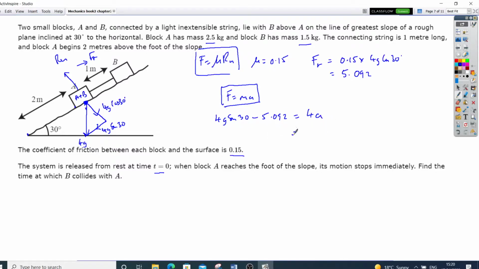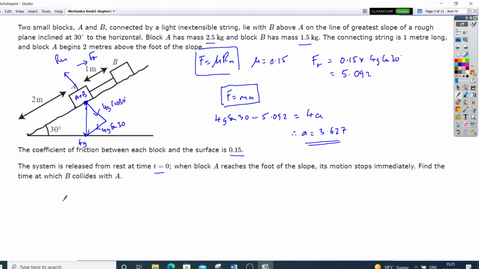Divide that by 4, therefore acceleration in this case will be: 4 times 9.8 times sin 30, subtract 5.092, and then divide that by 4. We'll get acceleration to be 3.627. Okay, so that's the acceleration of those coming down.